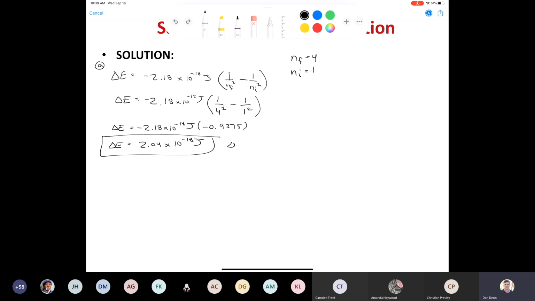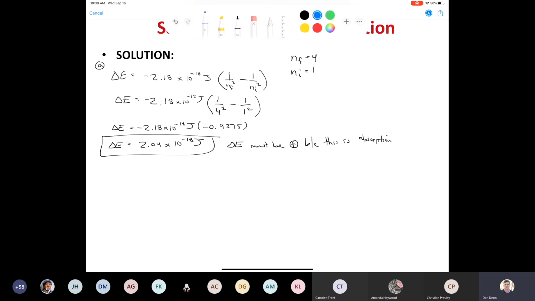The delta E must be positive because this is absorption. If you're going from a low energy level to a high energy level, you got to take in some energy, right?